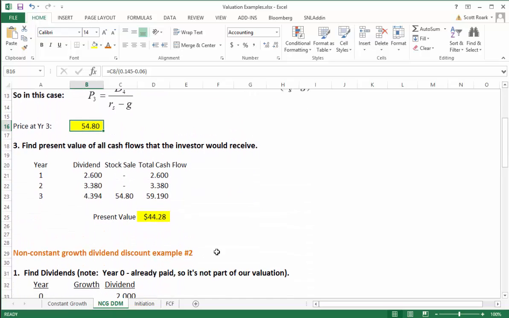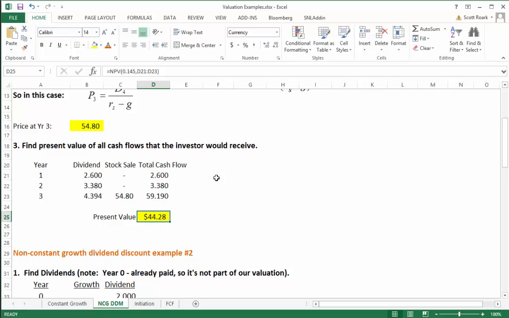Then we're going to find the present value of all these cash flows. I've lined these out here. I've got the dividends and then the stock price, and this column right here represents the total cash flows to the investor if we assume that they're holding it for 3 years. So $2.60 dividend, $3.38 dividend, and then the sum of the dividend and the stock price.